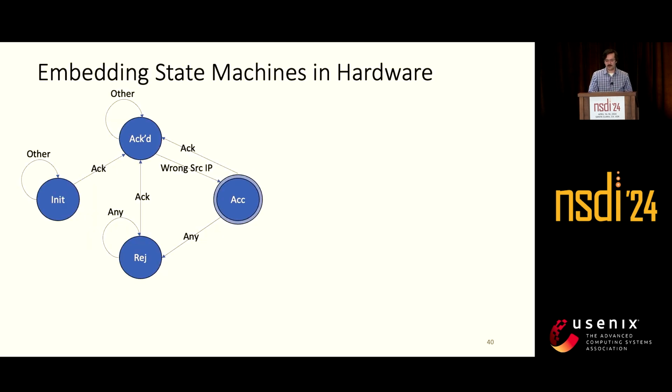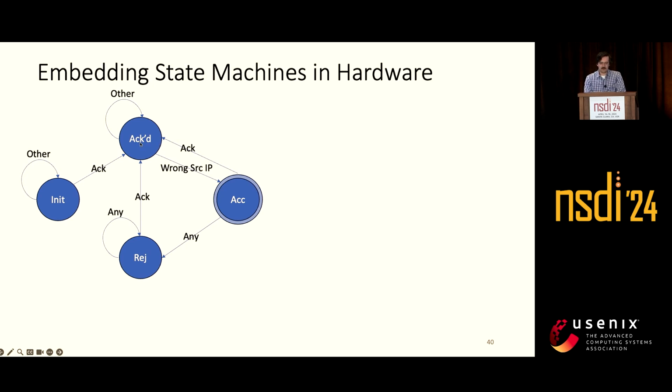So let me tell you about how we embed these state machines. This is a picture of the state machine for the DHCP pattern we just came up with. It starts by waiting in the initial state for an ACK packet to arrive. Once an ACK packet arrives, it goes to the ACK state.